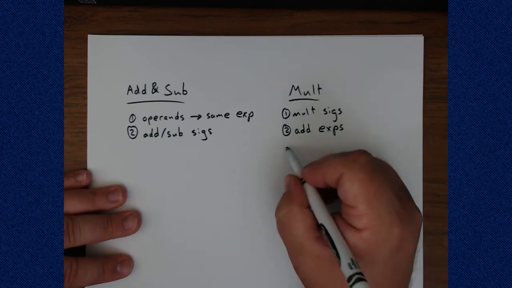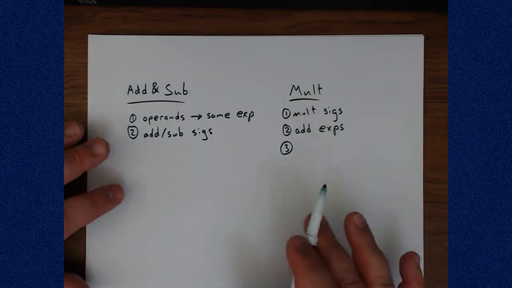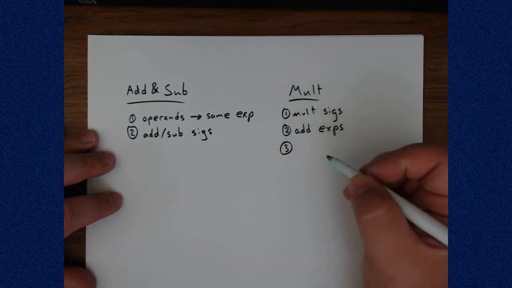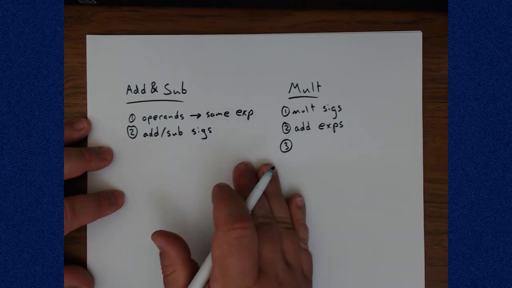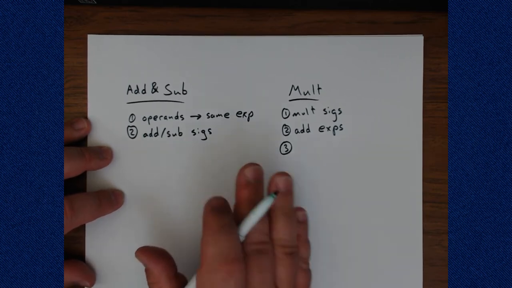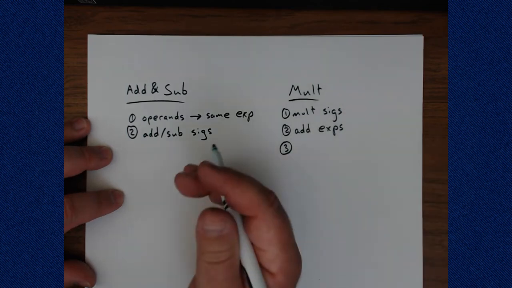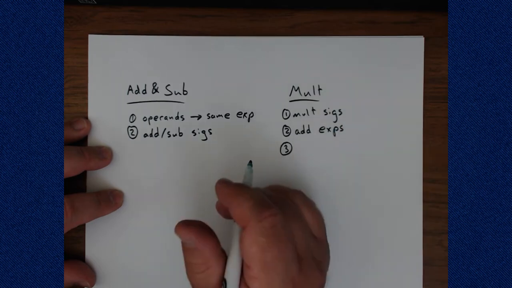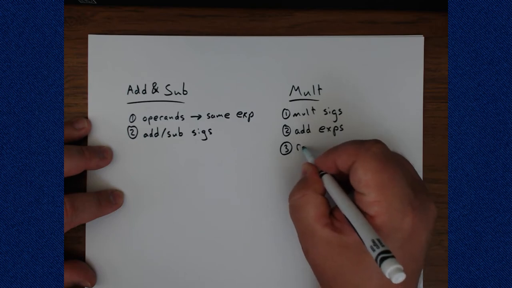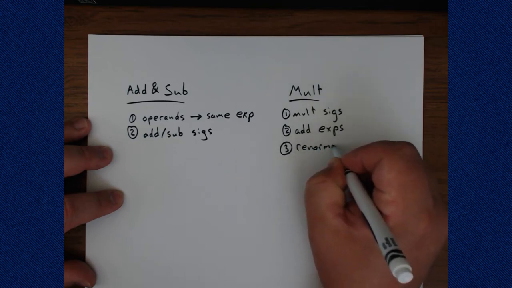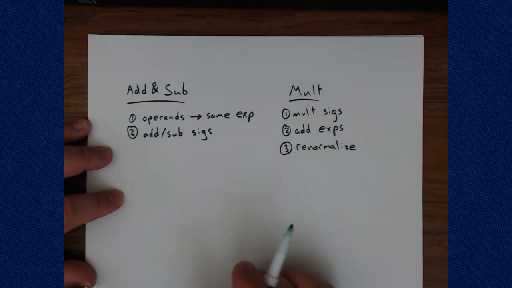Once that's done, we have a new result, and we need to normalize it again, meaning we effectively need to relocate that radix point so that we have a significant non-zero digit, if we're using at least a normalized representation. And all the rest of the bits of the significand are the bits after the radix point in the scientific notation version. So we renormalize if we need to. In some cases, we don't need to, but if we do, we do it here.